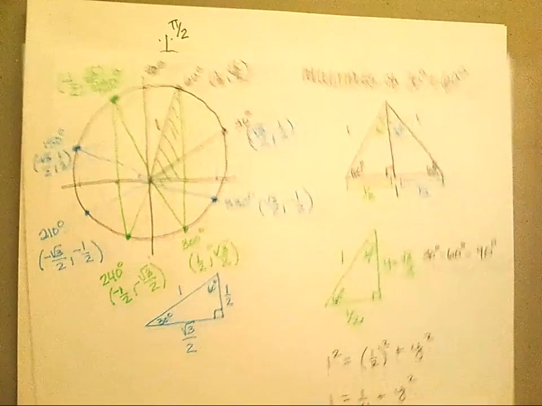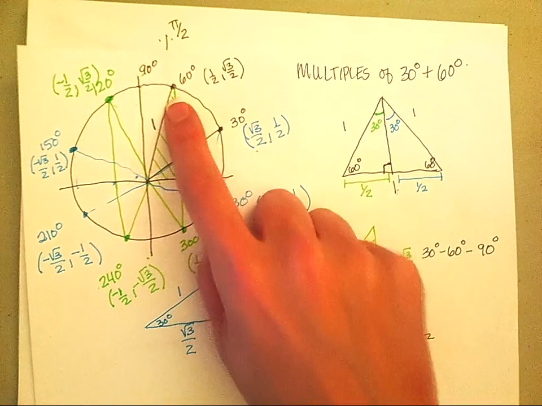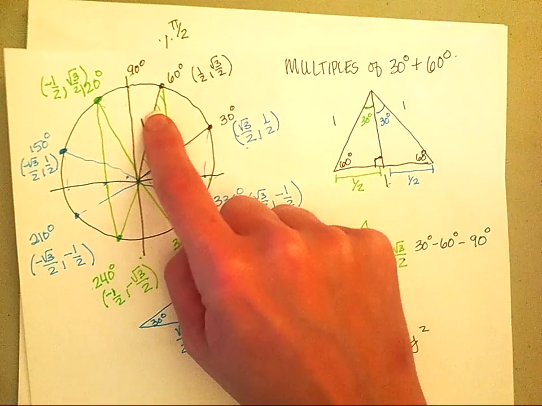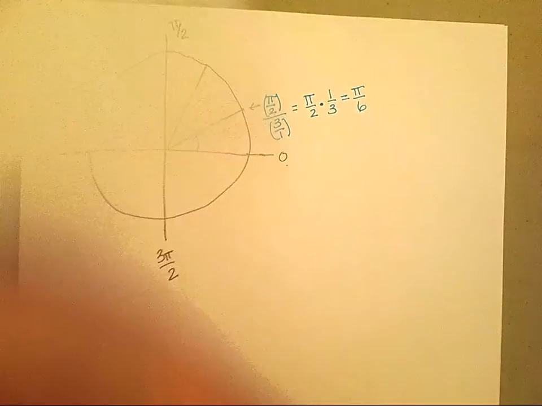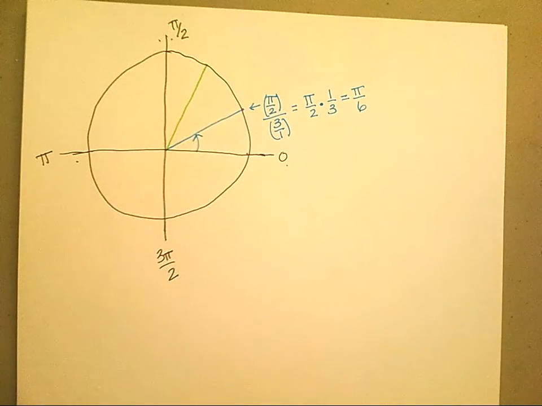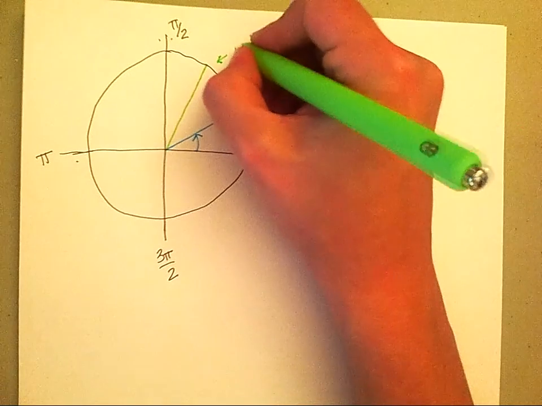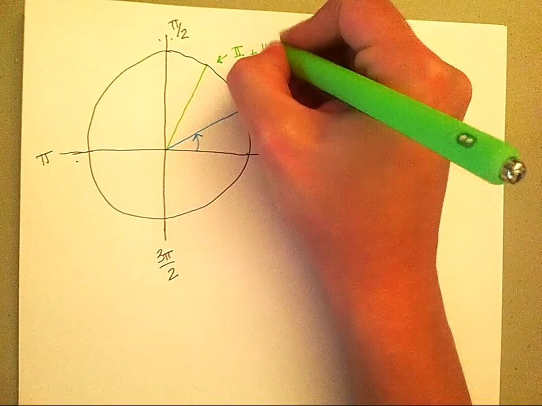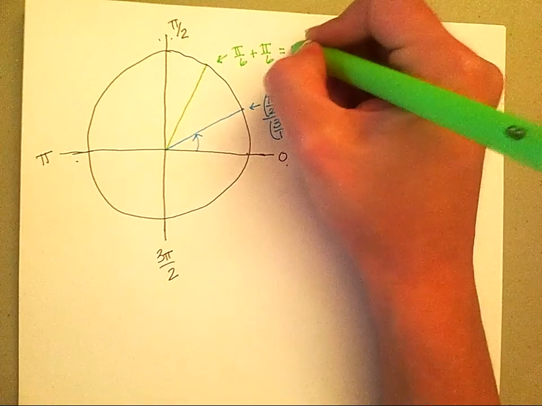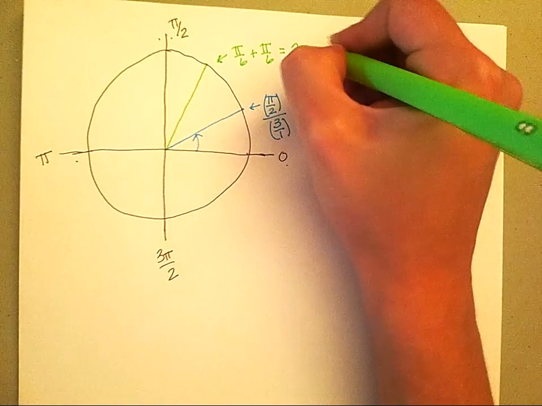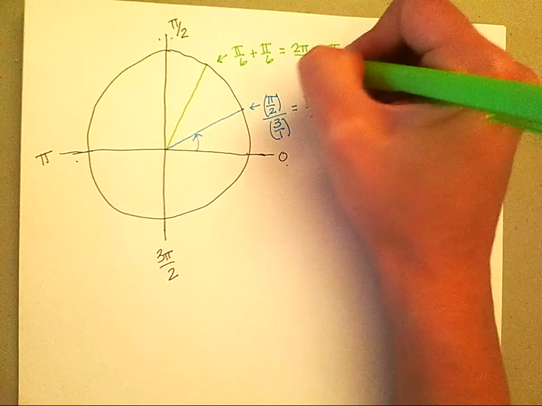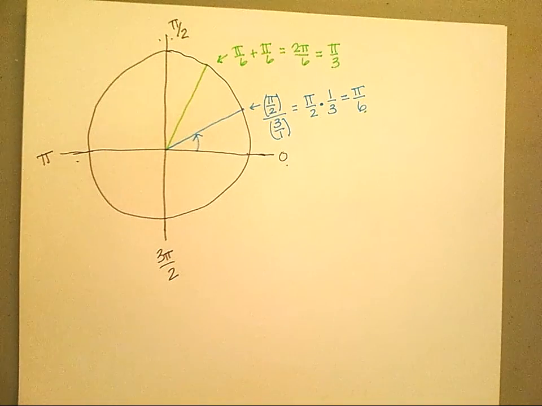What about the green angle? Well, the green angle is just 30 degrees plus 30 degrees. Okay. So the same will happen here. This angle has to be what we found, pi over 6, plus another pi over 6, which is 2 pi's over 6, which reduces to pi over 3. Okay, so just treat those pi's like you would a radical or a variable.